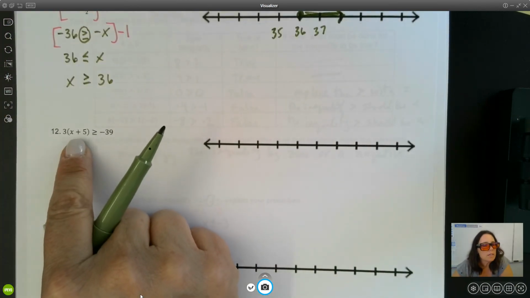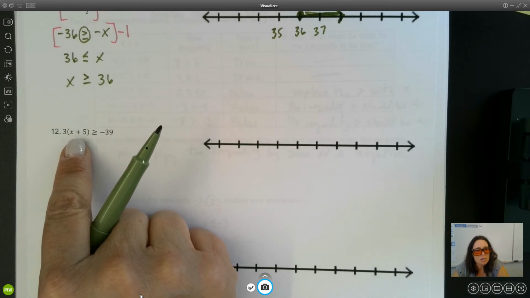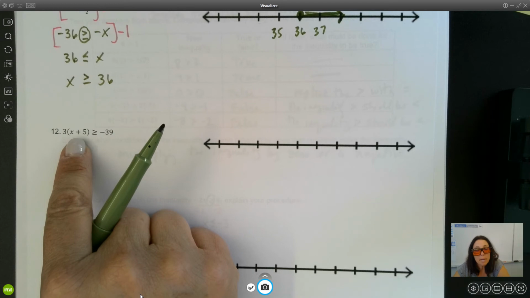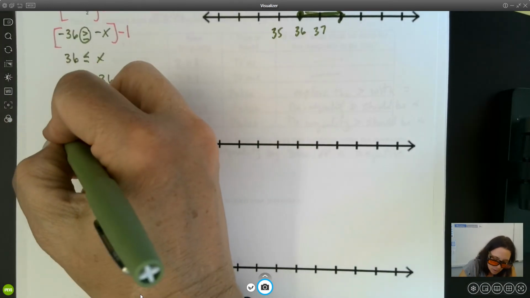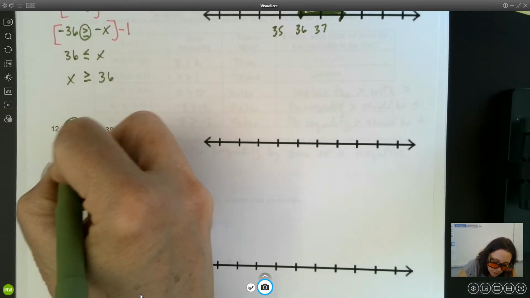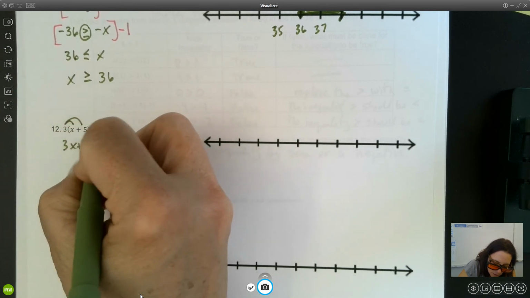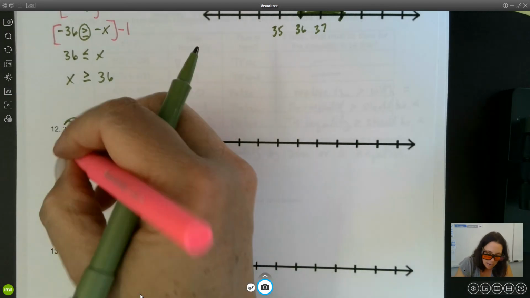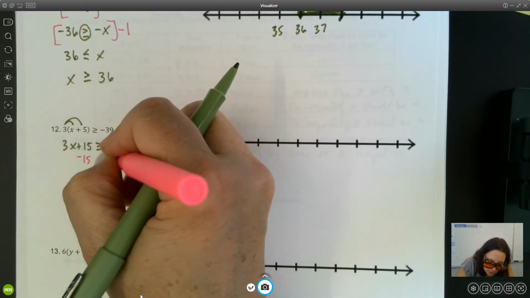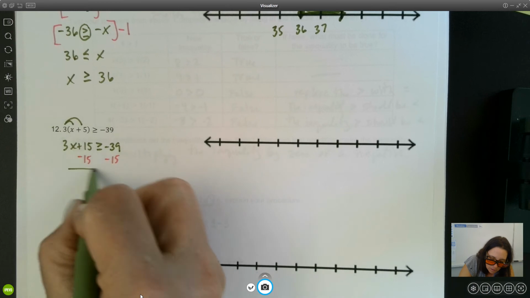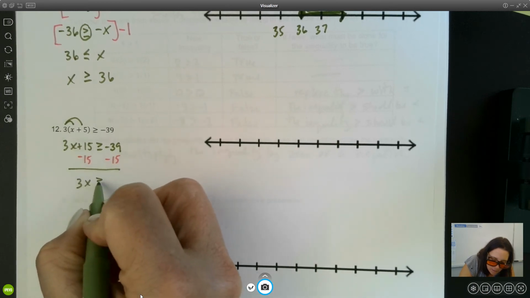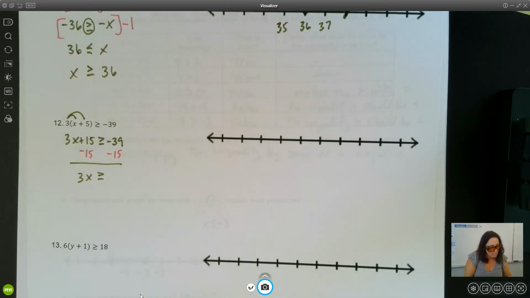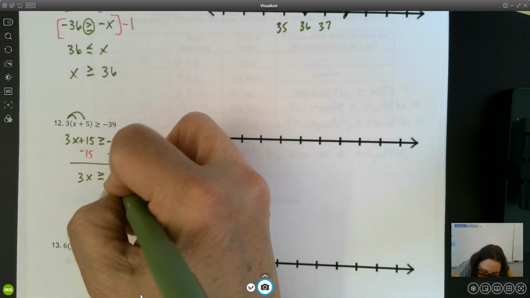If you understand that you can divide by 3 here to start, do it. It's much simpler and quicker. But I think most kids would distribute the 3. So we're going to subtract the 15. 3x is greater than or equal to, that comes out to be, what was it? I didn't do it that way when I did it.